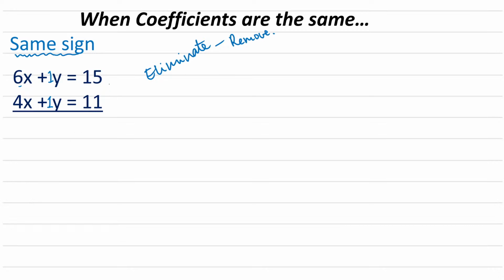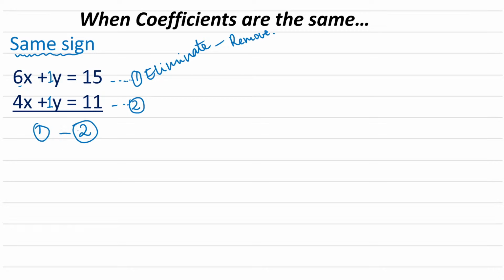So let's start by naming these equations. Let's say this is equation 1 and this one is equation 2. Now, if I want to remove it, it means I need to subtract. So I can do equation 1 take away equation 2.